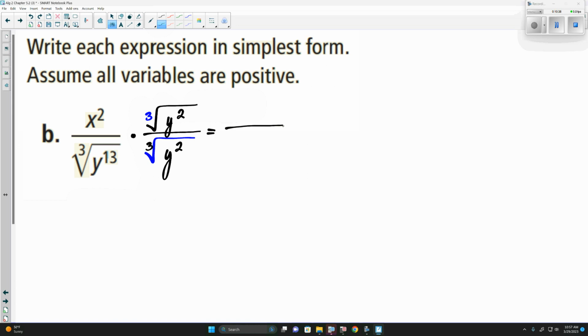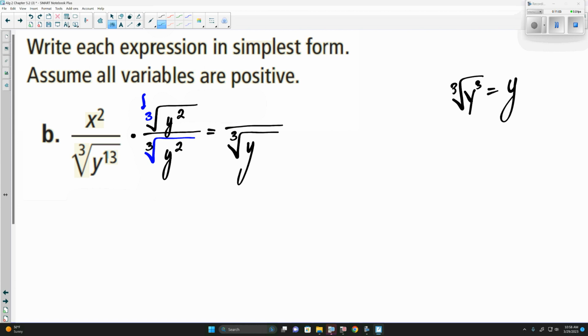Because if we go beyond the index, that variable inside there can come out. So the index is 3, the root. Because if we multiplied it by the cubed root of y cubed, well, the cubed root of y cubed is just y. So anything above that is extra we don't need.